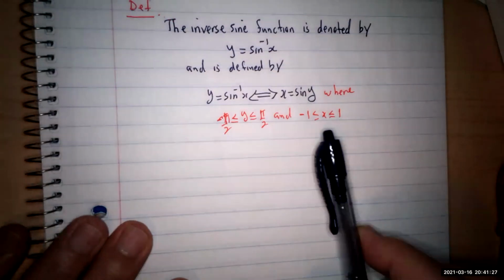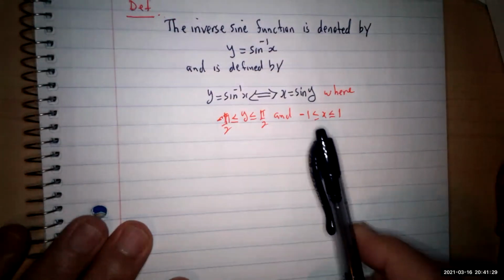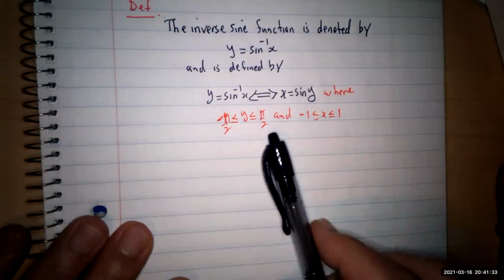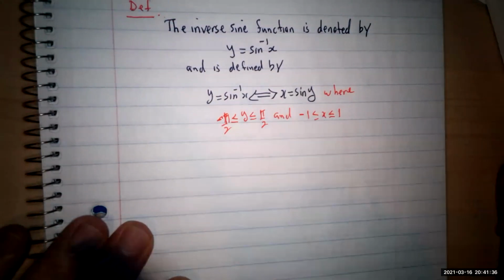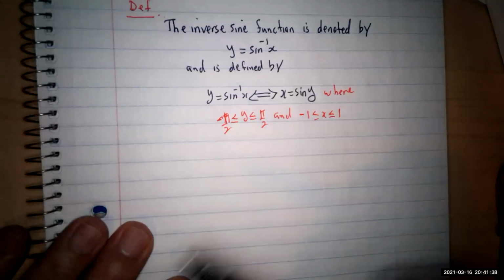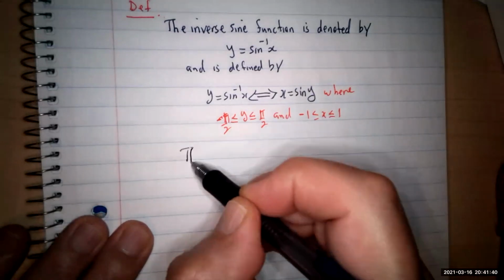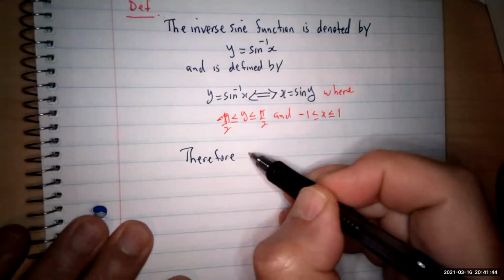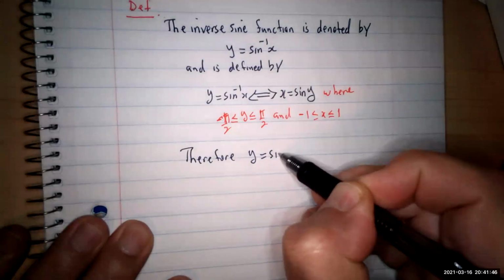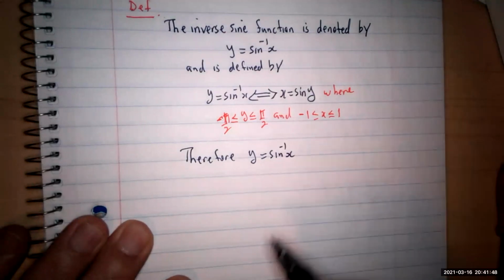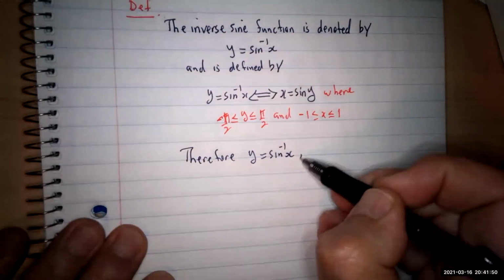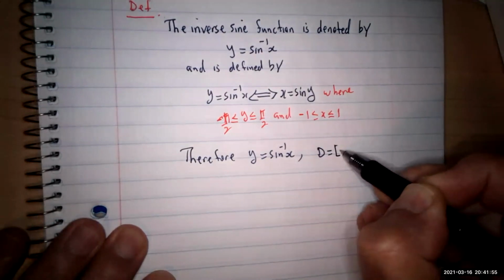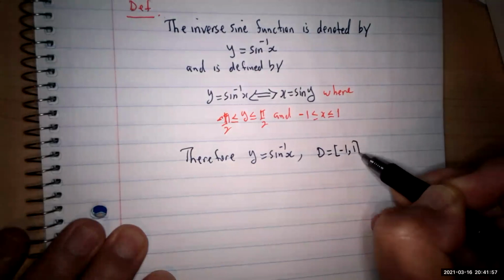So anytime you write it down, you have to put the condition. Remember the condition? The angle must be between -pi/2 and pi/2. And then automatically x would be between -1 and 1. So for this function, y is equal to the sine inverse of x, the domain, meaning the x's, is going to be between -1 and 1.